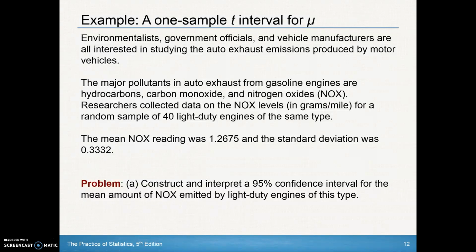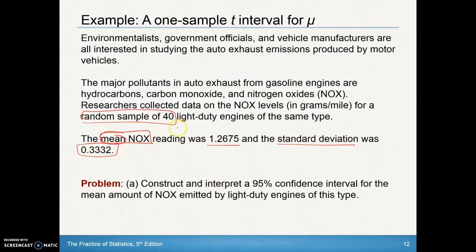Researchers collected data on the NOx levels in grams per mile for a random sample of 40 light-duty engines of this type. Okay, so random sample of 40. The mean NOx reading was 1.2675, and the standard deviation of that sample was 0.3332.